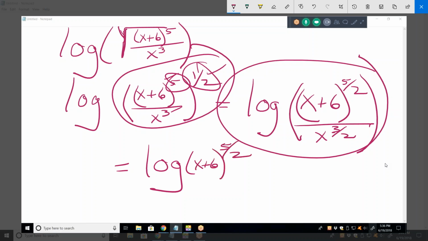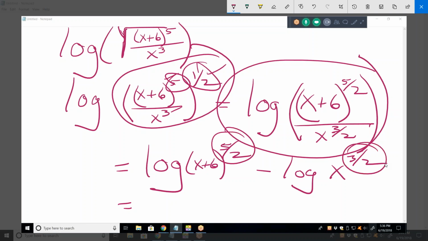Minus log x to the 3 over 2. Perfect. And the last step. In other words, that's never going to be the last step. The last step is always to bring that exponent in front. So that would be 5 over 2 log x plus 6 minus 3 over 2 log x.